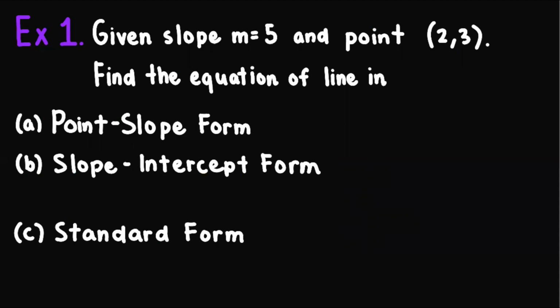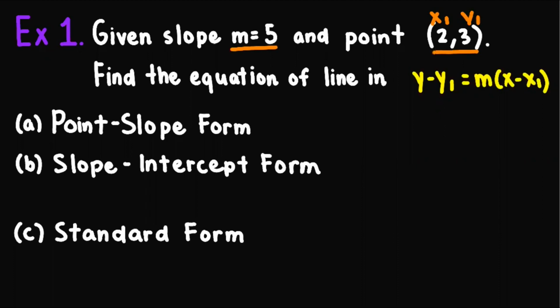Okay, let's start. So first, for the point-slope form, recall that the point-slope form is given by y minus y sub 1 equals m times x minus x sub 1. So this is the formula that we got above. And now, since we already have the slope m and we have a point, we can set this point to be x sub 1 and y sub 1, then we just plug in these values into our formula.